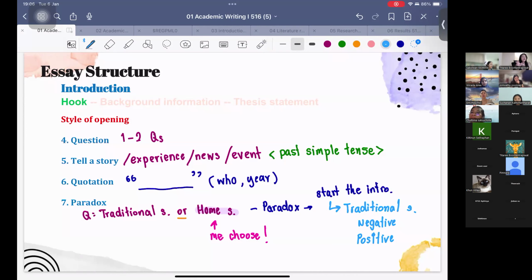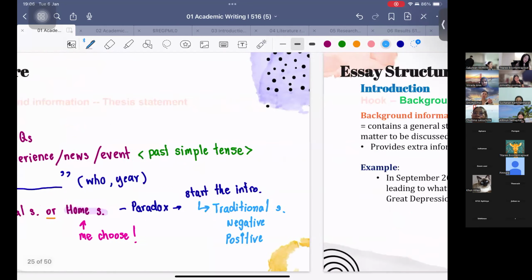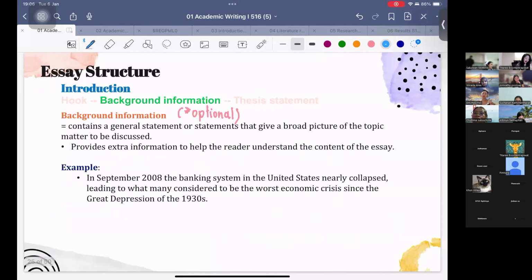And this would be for the hook. It can be one sentence, or it can be 2 to 3 sentences. That is okay. If it's an essay, or if it's research, it's definitely not just a couple of sentences. It's probably a paragraph. That's why you might consider combining the styles together. The next section after the hook would be background information.